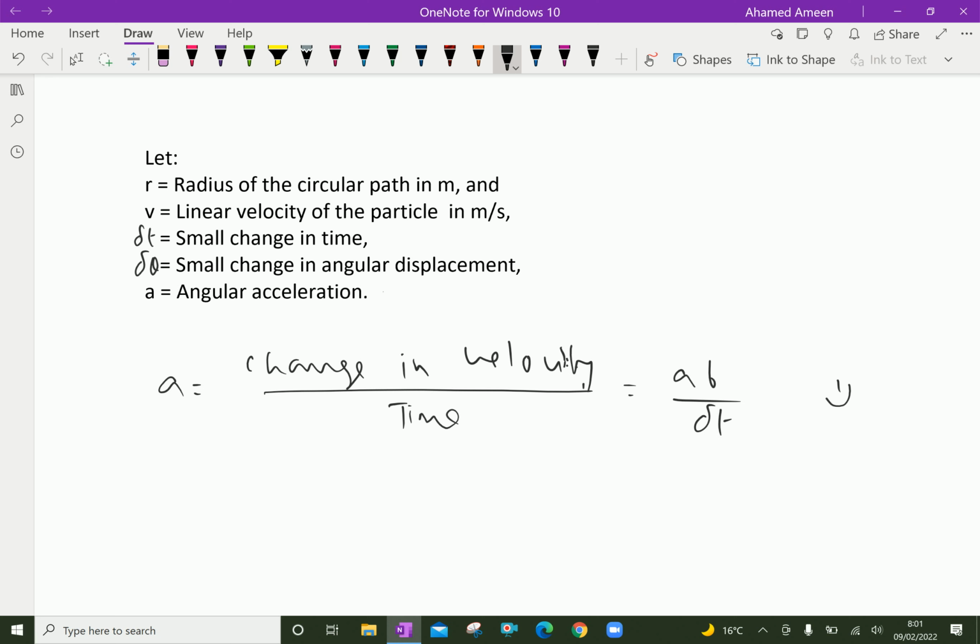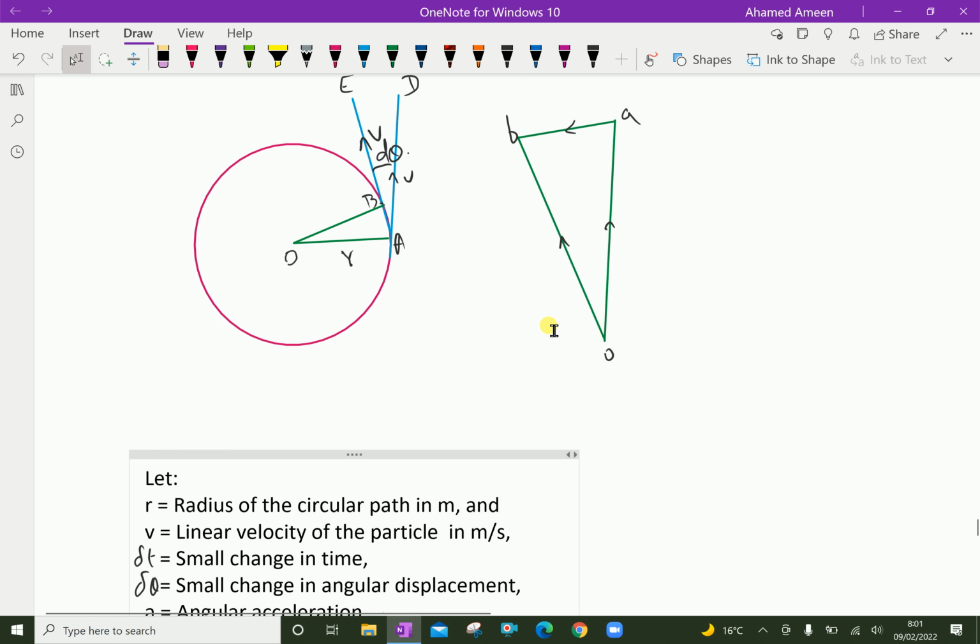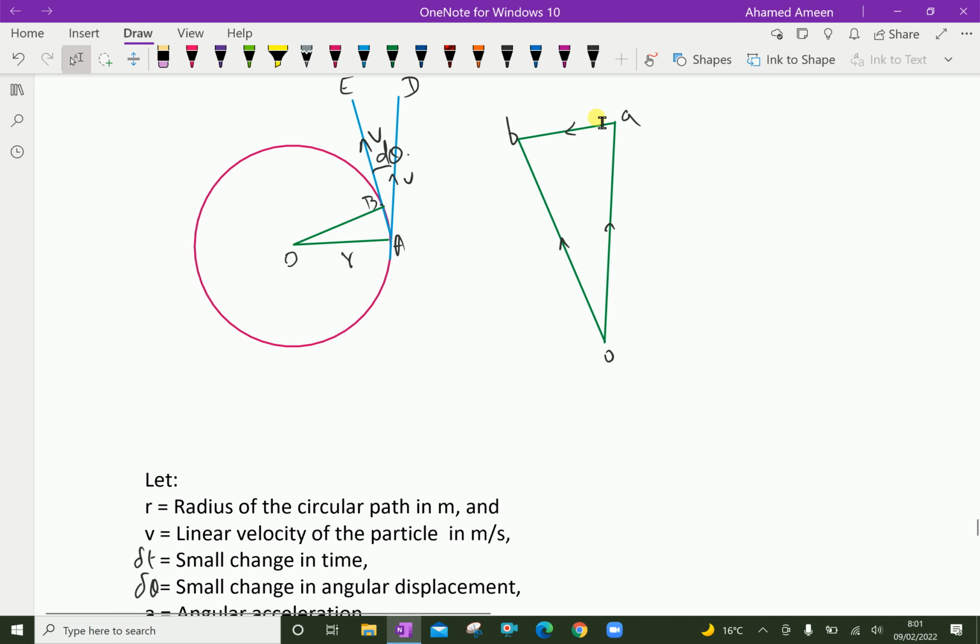Since the time interval delta t is very small, AB may be considered to be the arc AB, because delta theta is very small.